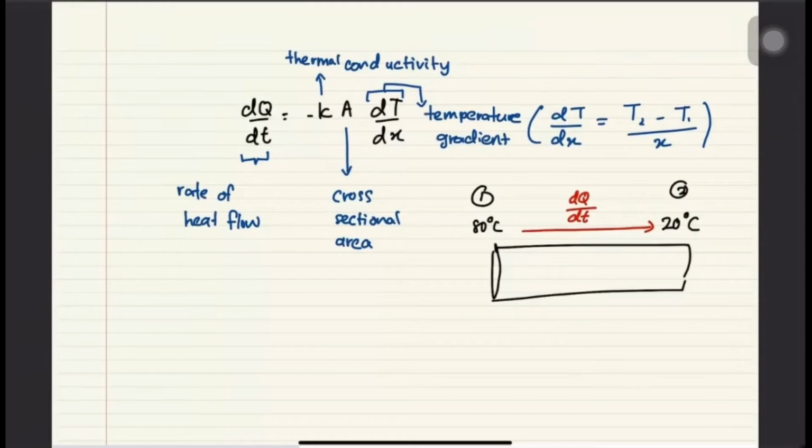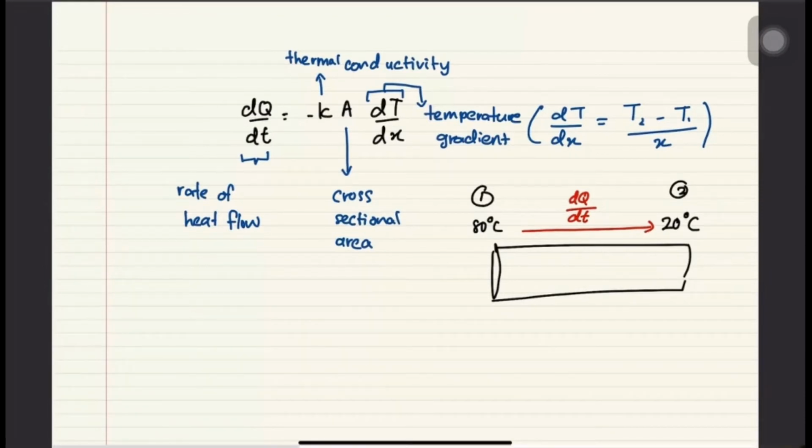Satu ke dua kan? Sebab apa? Dia sentiasa daripada hot to cold region. So this is the rate of heat flow punya direction. Daripada panas ke sejuk.